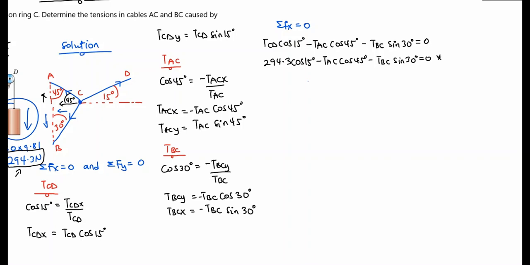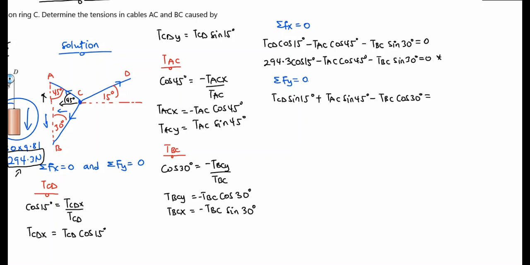Now let's consider the sum of the forces in the y-axis direction to be equal to 0. For that one also, we are going to have TCD sine 15 degrees, right? And then plus TAC sine of 45 degrees, minus TBC cosine of 30 degrees.